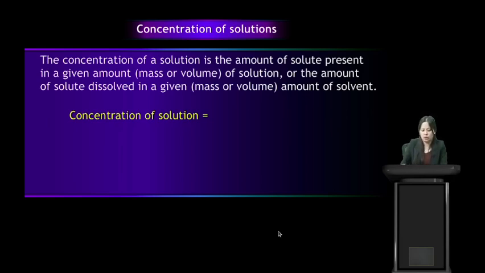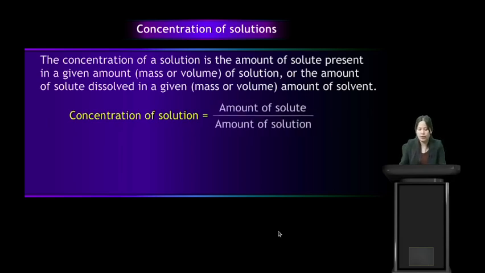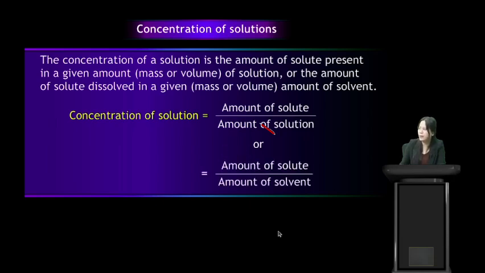So concentration of solution is equal to amount of solute by amount of solution, or we can use the alternate formula, amount of solute by amount of solvent. Using either of these formulas, we can calculate the concentration of a solution.